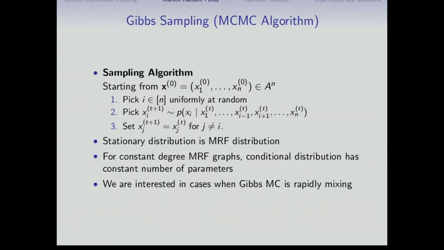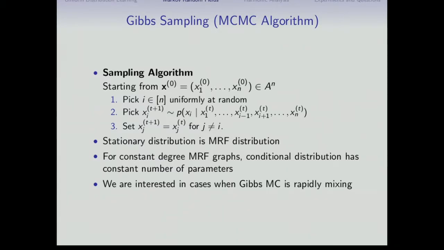You start with any point x in A to the n. This is a Markov chain. At each step, the Markov chain is going to update only one coordinate. It picks the coordinate to update uniformly at random, and the new value for that coordinate is picked from the conditional distribution.